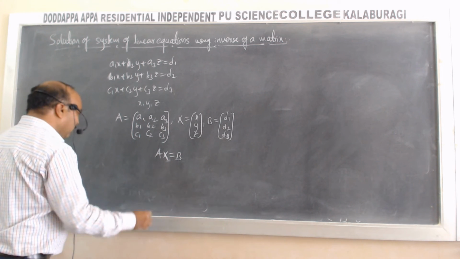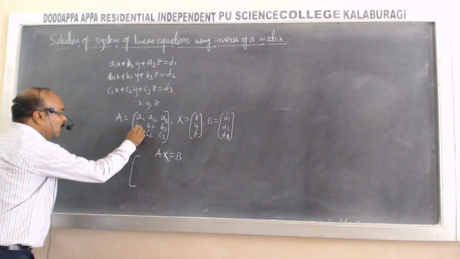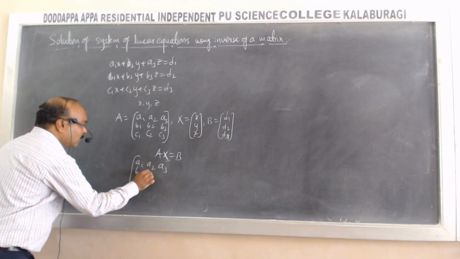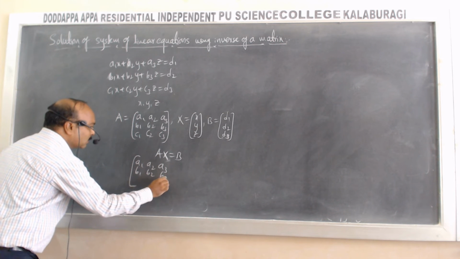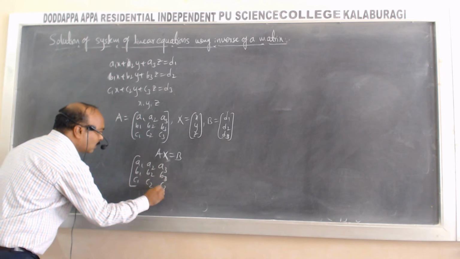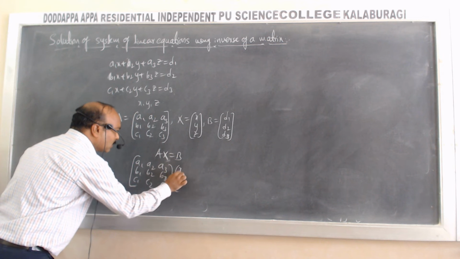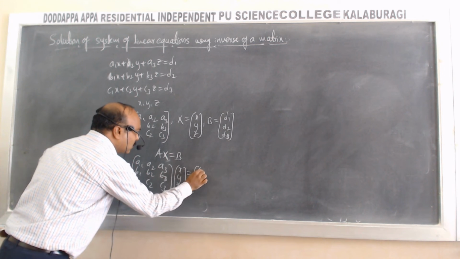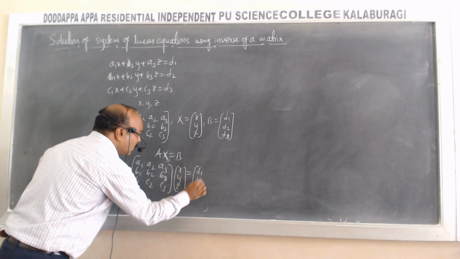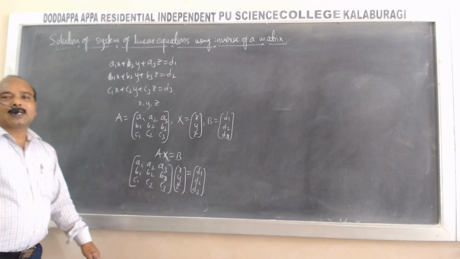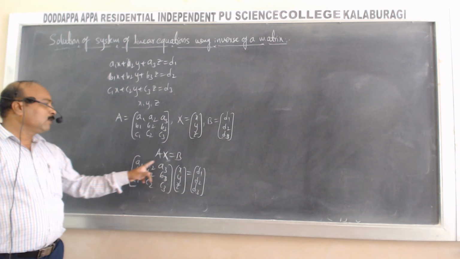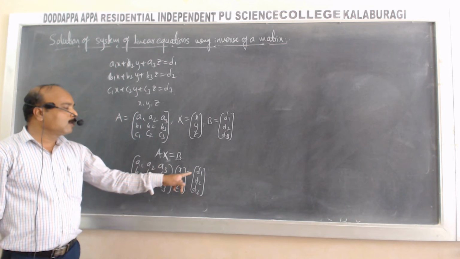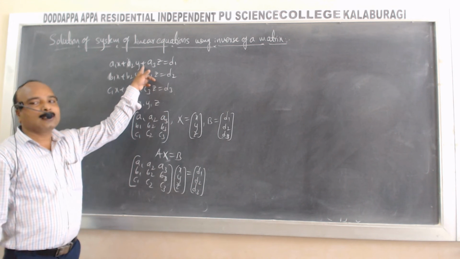If we substitute the values, we get the matrix with rows a1, a2, a3; b1, b2, b3; c1, c2, c3, multiplied by x, y, z, equal to d1, d2, d3. Now if we multiply, we get a1x plus a2y plus a3z equal to d1, that is the first equation.